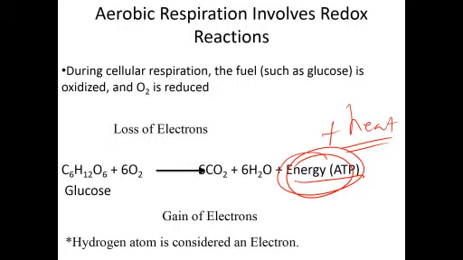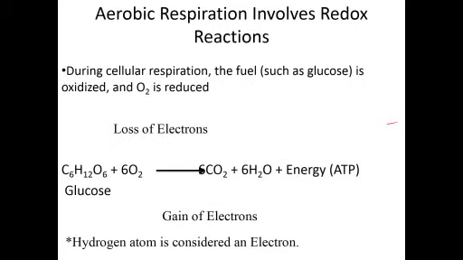Notice you also have one molecule of glucose that has 6 carbons chained together, and at the end of the process, you end up with 6 CO2 molecules. So you've broken carbon-hydrogen bonds, and you've also broken carbon-carbon bonds. In this case, glucose is oxidized to CO2, because glucose is losing electrons.